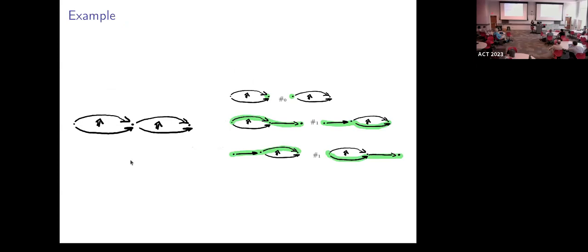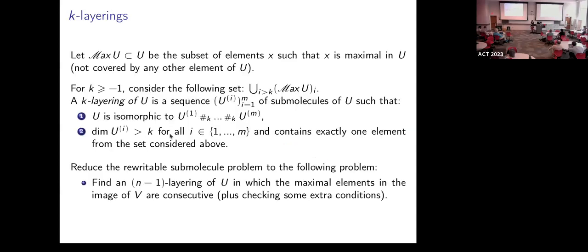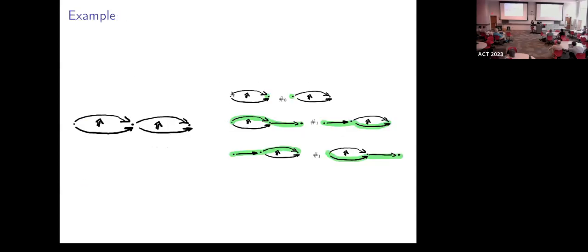Again, I will give you this example. So for this regular molecule on the left-hand side, it has exactly two maximal elements, which are two-dimensional, and it has three possible layerings. So it has one 0 layering, and then two 1 layerings.